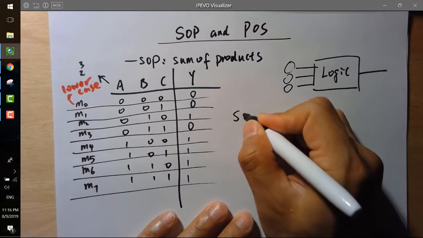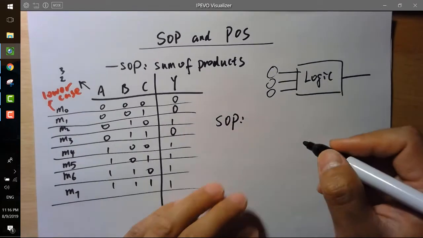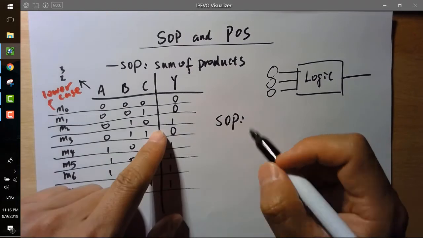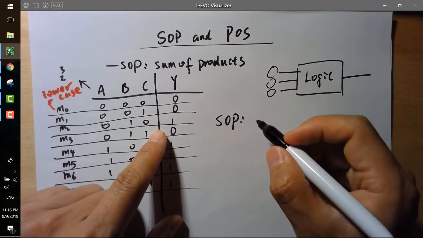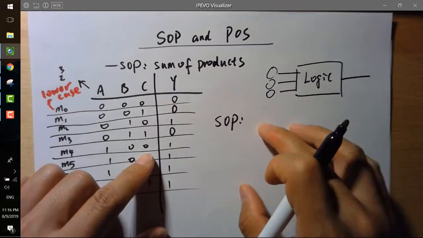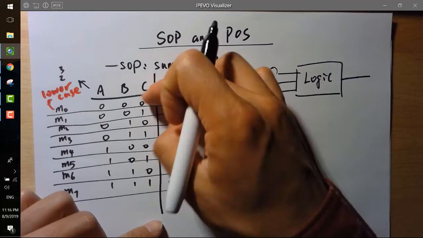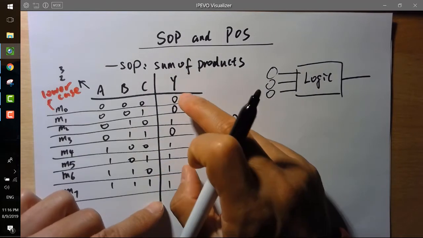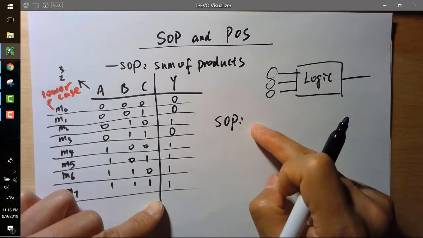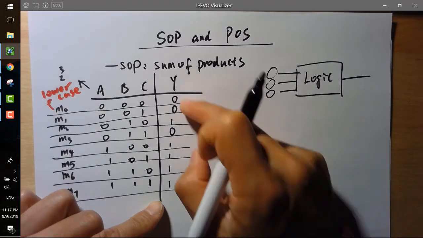So the SOP can be written in the following form. We are trying to use the logic expression to cover all these cases. So that logic expression is going to work for all these cases. Doesn't matter if it is 0 or 1. Whatever input is plugged into that logic expression, you should get the correct output.